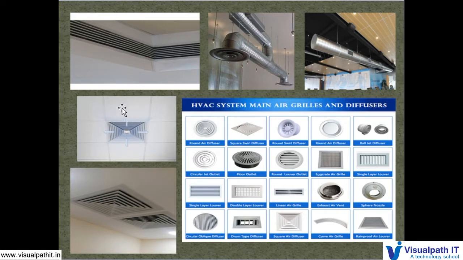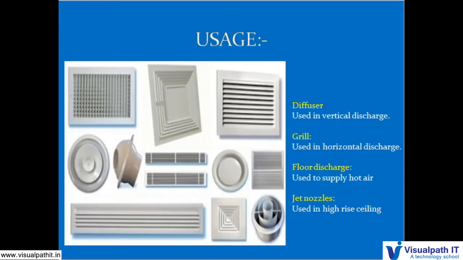So it comes from here and comes directly downwards. So it is for vertical discharge. And the grill, these are all the grills. You might have seen that in the washroom doors, right? Those are all grills, used for horizontal discharge.